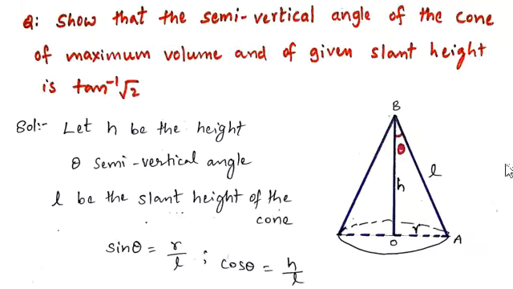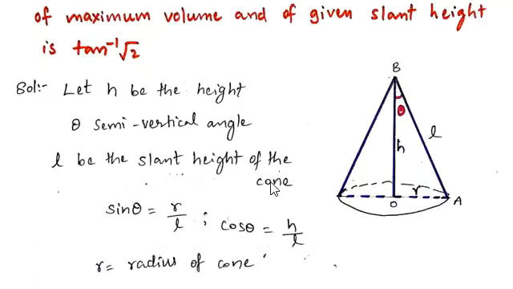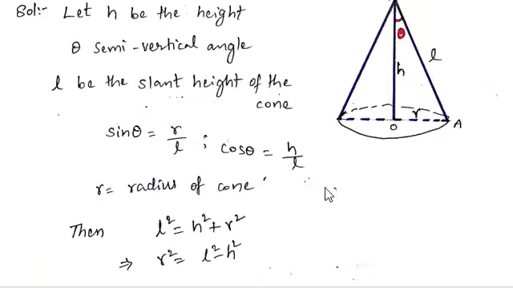So let us take a cone where h is the height of the cone, theta is the semi-vertical angle, and L is the slant height of the cone. If you see from this triangle AOB, you can write sin theta is R by L, opposite by hypotenuse, and cos theta is adjacent by hypotenuse, that is h by L, where R is the radius of the base of the cone.